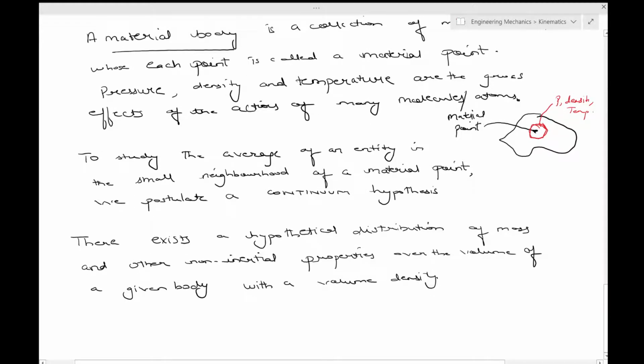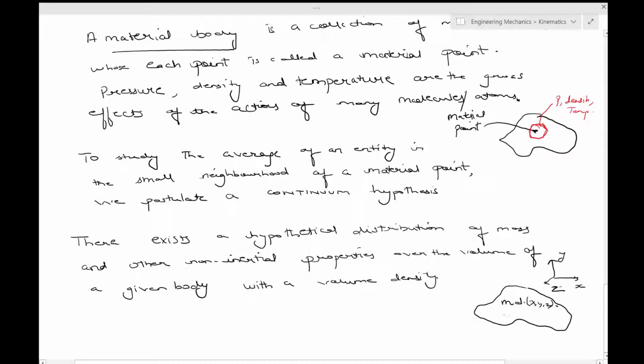Okay, so let's see the postulate. There exists a hypothetical distribution of mass. Meaning if this is the material body, I've tried to draw it as close as it can to the previous one, there exists a distribution of mass. If you have these coordinates x, y and z, you have this mass distribution, which is a function of x, y and z.